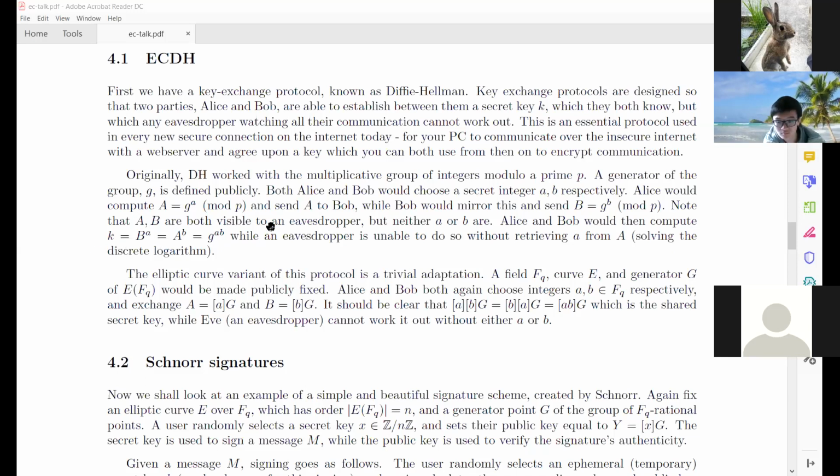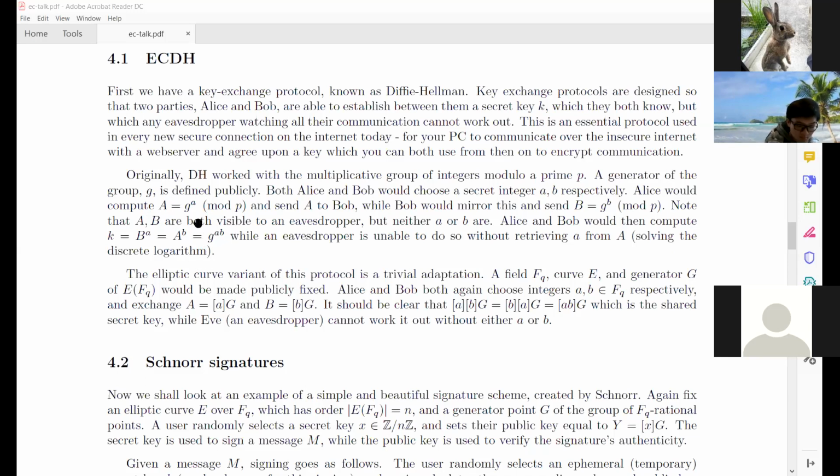But any eavesdropper that's watched their communication and seen capital A and capital B can't use that information to work out g to the ab. There's no known efficient way for someone to combine A and B to get g to the ab. Obviously, you can multiply them together and get g to the a plus b, but not get this product. So that's their shared secret.